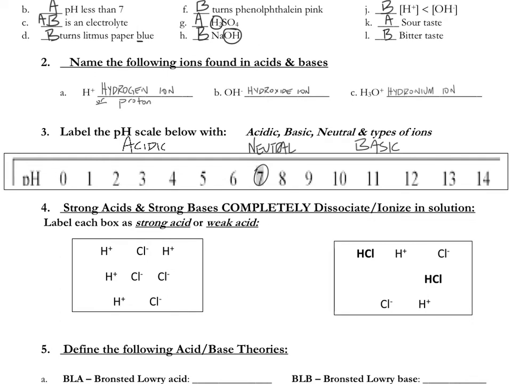So the ions: acids have hydrogen ion concentrations, and they increase as I move to the left, which means they decrease as I move to the right. And bases have hydroxide ion concentrations, and they increase to the right, which means they decrease to the left.